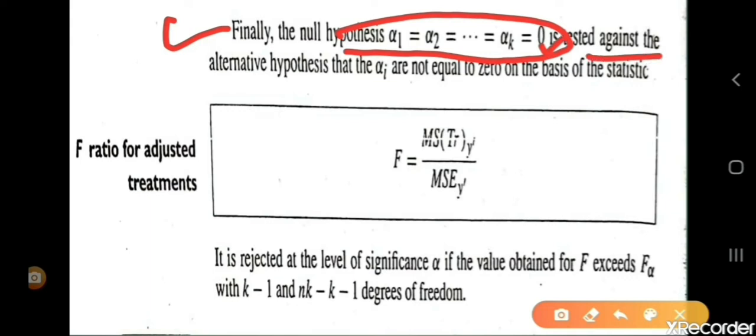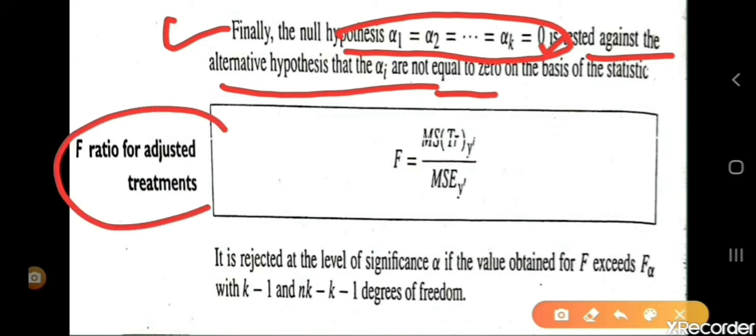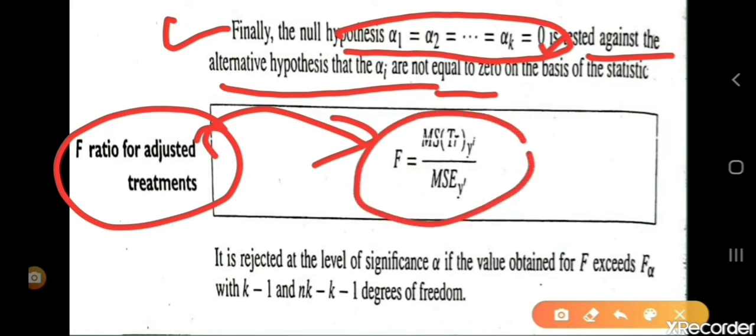This hypothesis is tested against the alternative hypothesis which says there is some difference, meaning they are not equal to 0. We have already seen how to calculate the F ratio. So the F ratio will be calculated from the ANOVA or ANCOVA table, and the null hypothesis can be rejected if the F critical comes out to be greater than this F ratio.